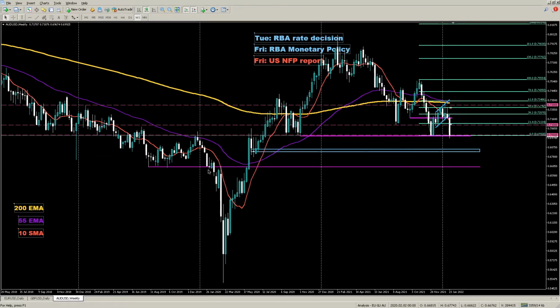That was going to be a very low level. So you can see this was support, and it was resistance for a while, tested here before it was broken through.